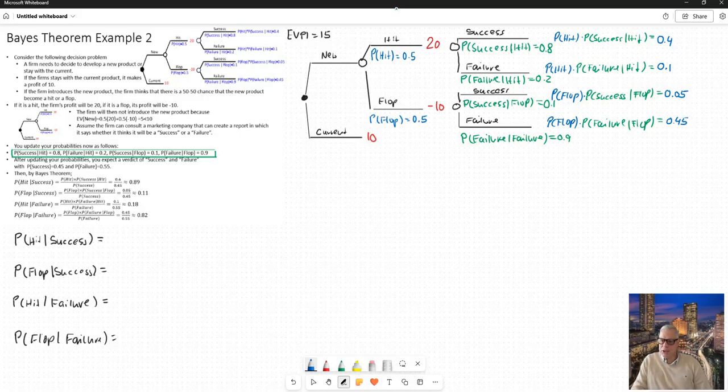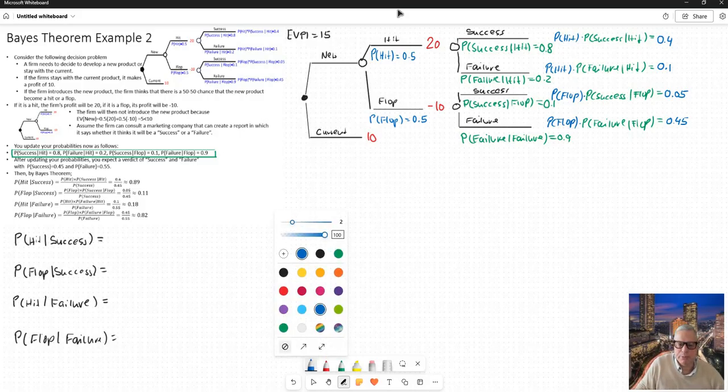Okay, so what that tells you now is, there is a 40% chance that when the marketing company looks at your car and it's a hit, they come up with success. But there is another 5% chance coming from looking at it after it is a flop. So in other words, there is a 40% chance that your decision tree ends up with a success here, and another 5% that it ends up with a success coming from that branch.